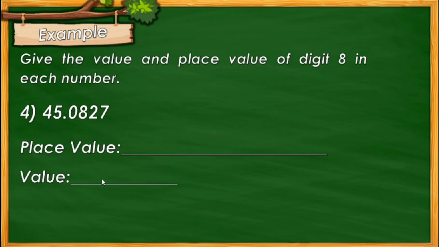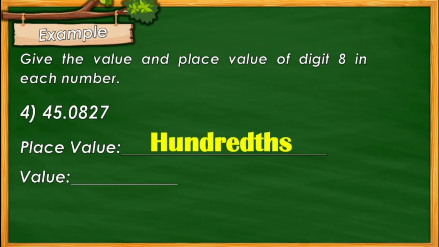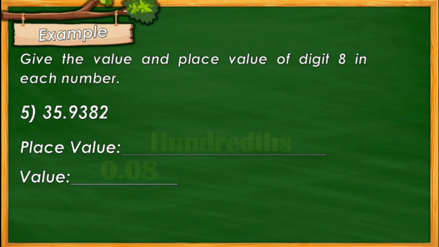Next, now for number 4, what would be the place value of digit 8? Very good. It is in the hundredths place because we have tenths, hundredths. Now, what would be the value? We have 88 hundredths.